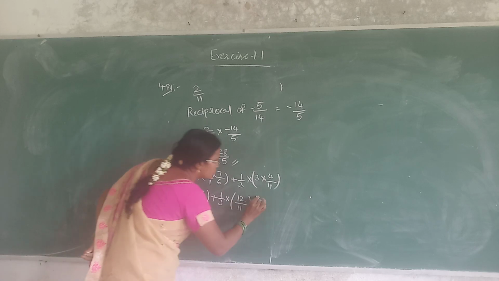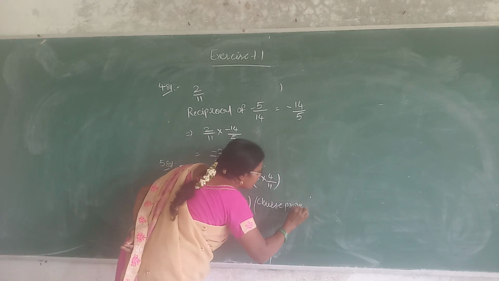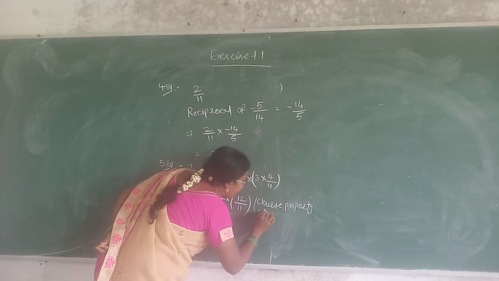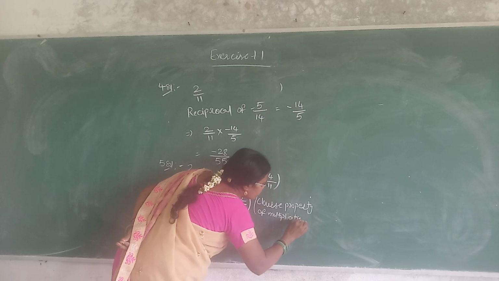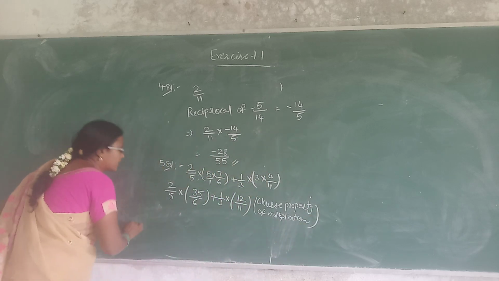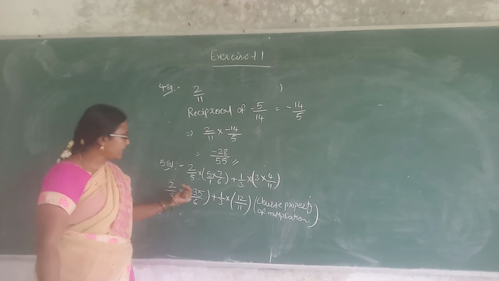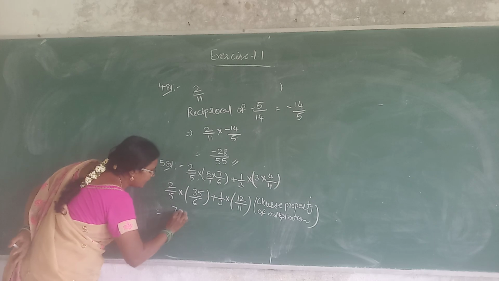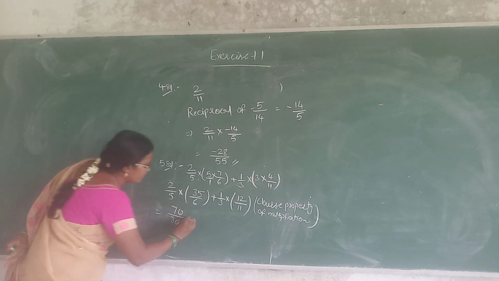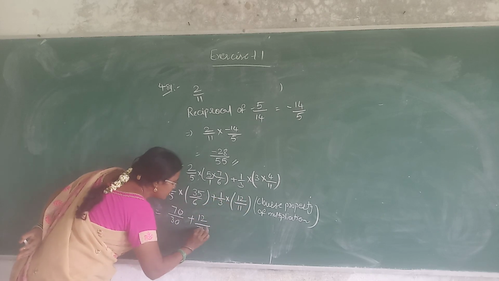I am using the closure property of multiplication. Next, now I can multiply directly with whatever is present here. 2 into 35 is 70 by 5 sixes are 30, plus 1 twelve is 12, plus 3 elevens are 33.